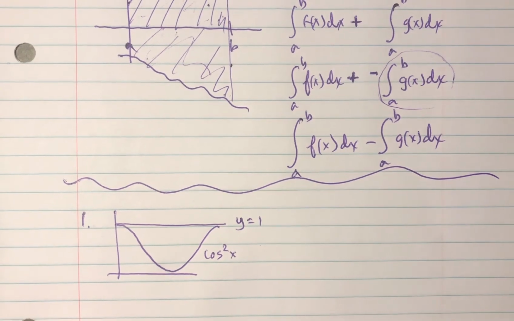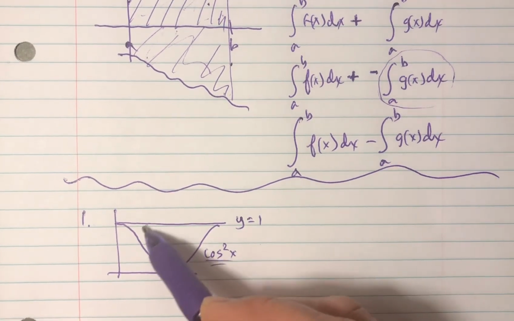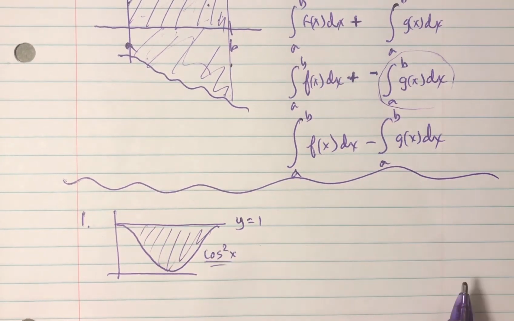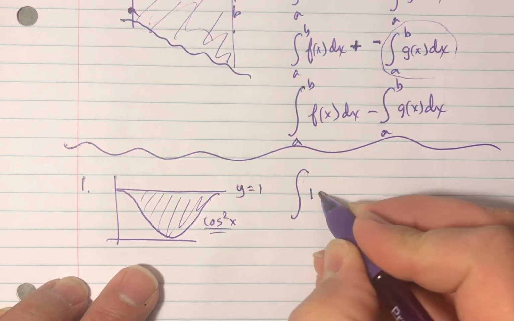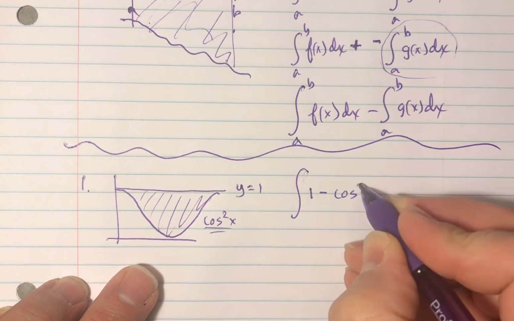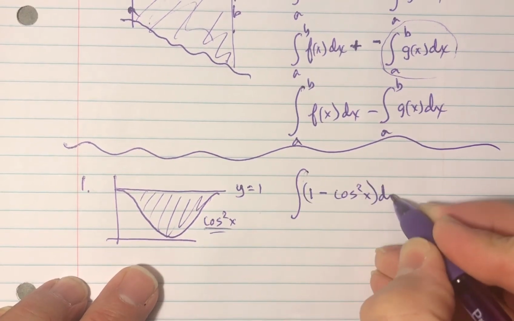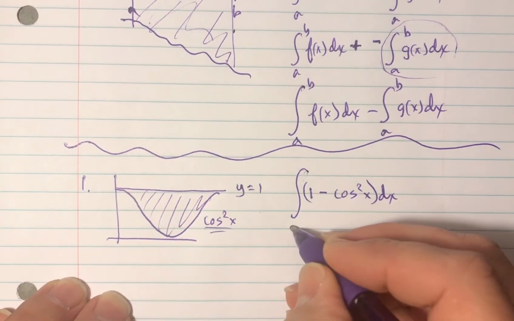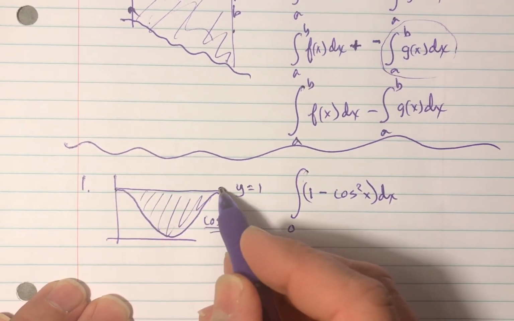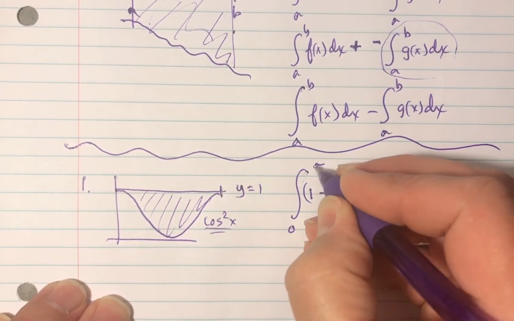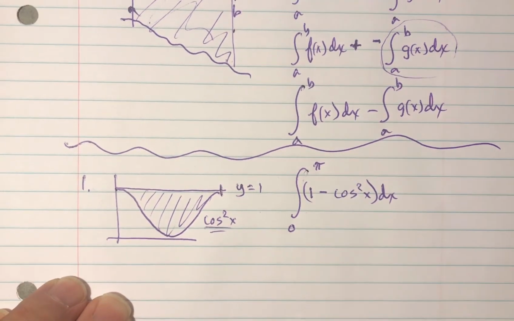So if we want to find the area between these, we would take our upper function minus our lower function, and we are going to integrate from 0 at the left to pi at the right.